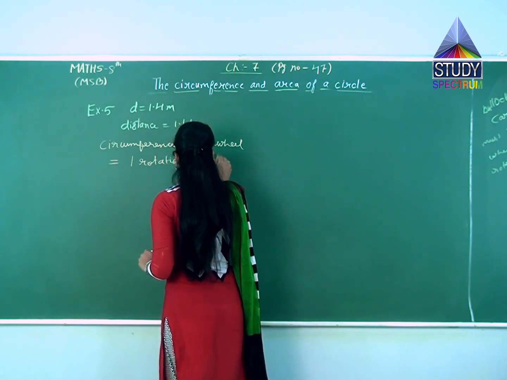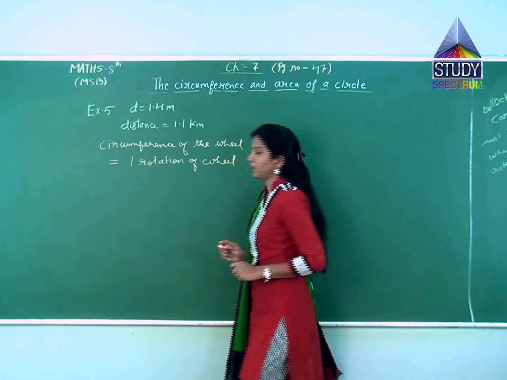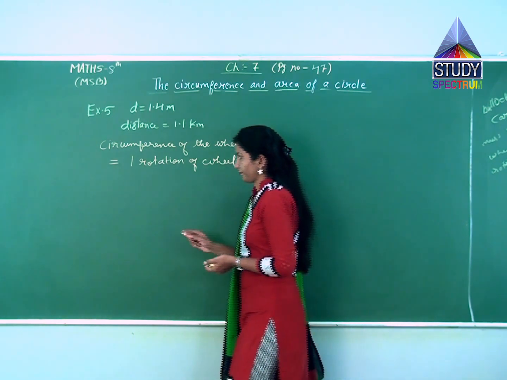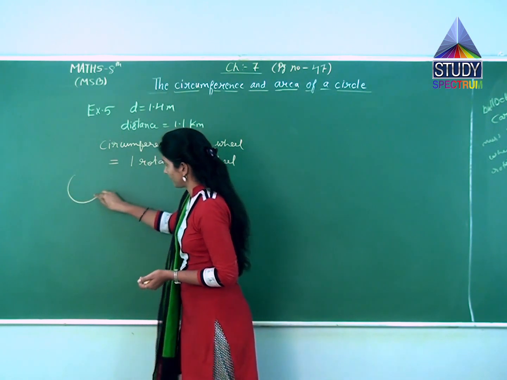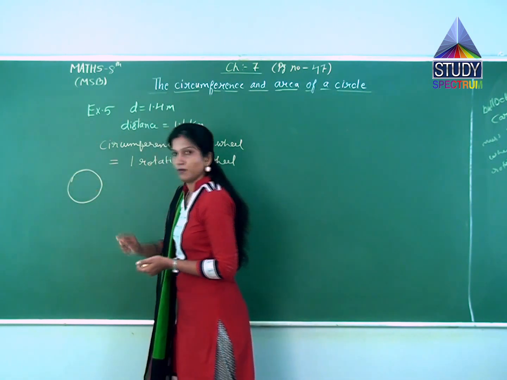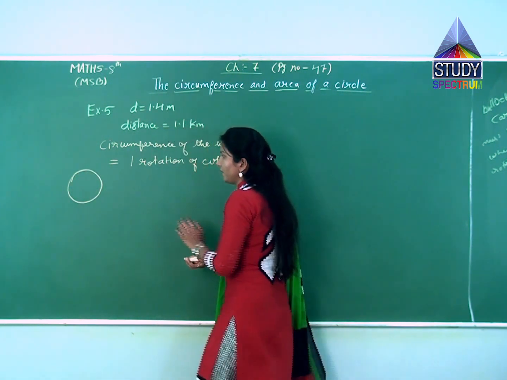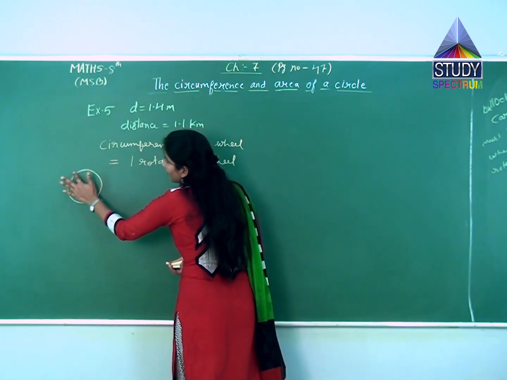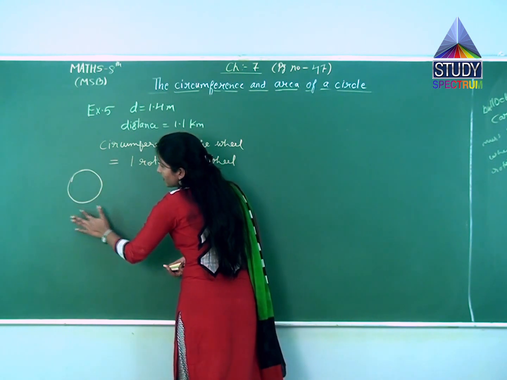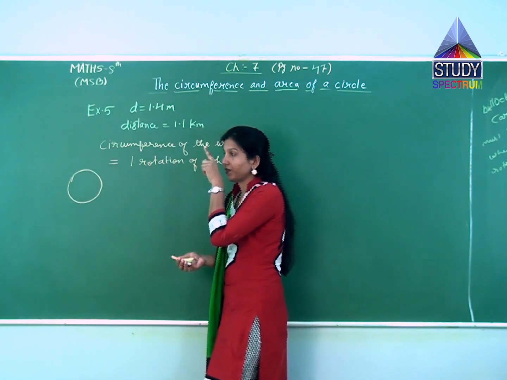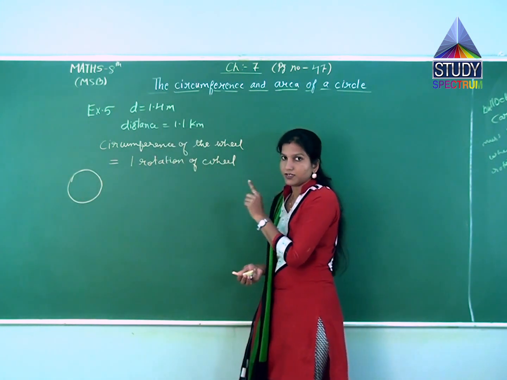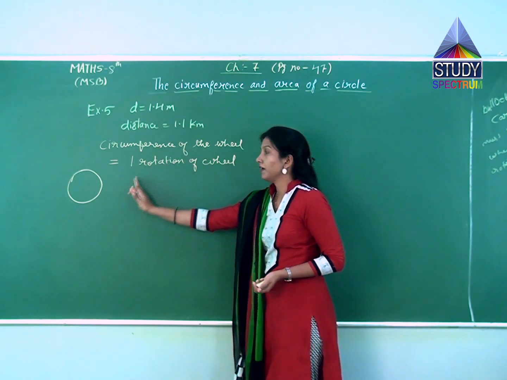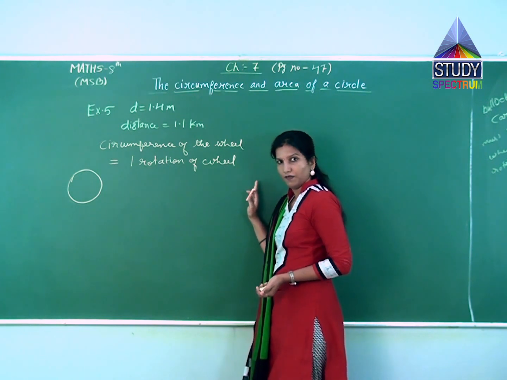Suppose this is the wheel of the bullock cart. If we rotate this wheel, then it will cover this distance. And what is this? This is the circumference of the wheel or circle. So the circumference of the wheel will always be equal to one rotation of the wheel.